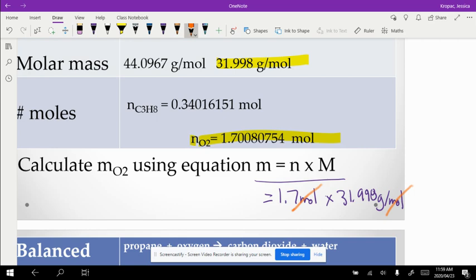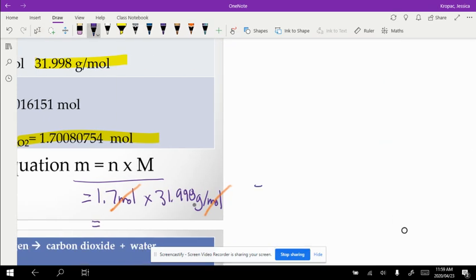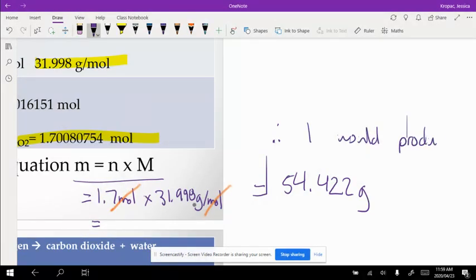And if I plug that into my calculator, I'm going to get, actually, let's go over here so you can read this a little bit better. I'm going to get a total of 54.422 grams. So therefore, I would produce 54.422 grams of O2.